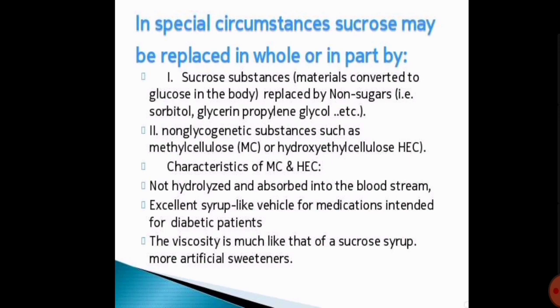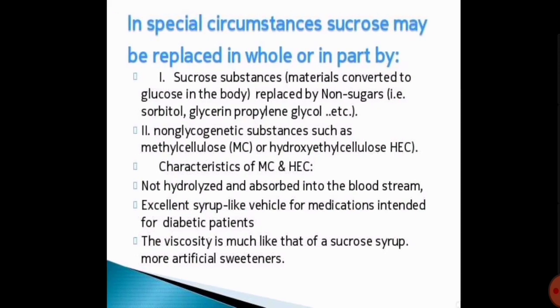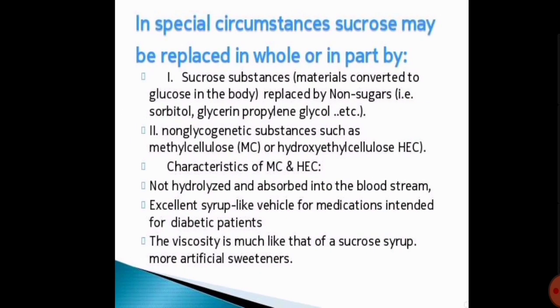Okay, and the viscosity is much like that of the sucrose syrup, with more artificial sweetness. So we have to replace the sugars according to the conditions of the patients. If the patient is diabetic, we must not give sucrose to him or her.